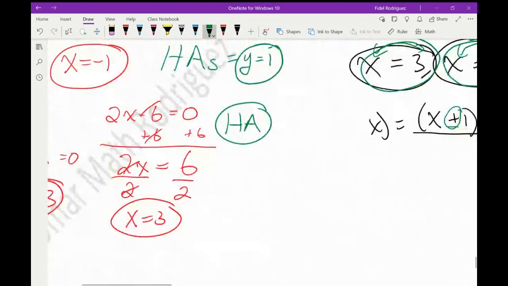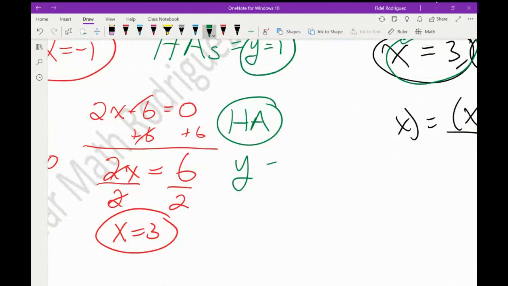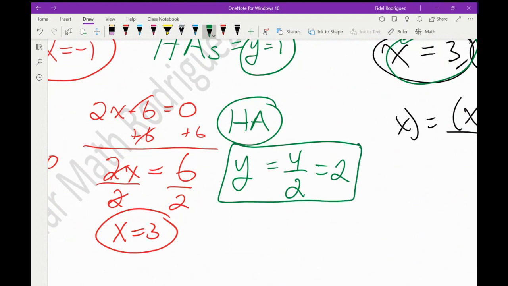So that means that my horizontal asymptote is going to look like this. Y is equal to 4 over 2, and 4 over 2 is just equal to 2. So my horizontal asymptote is y is equal to 2. Okay? That's going to be my horizontal asymptote for this particular problem.